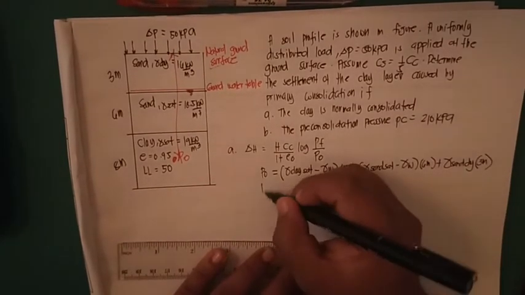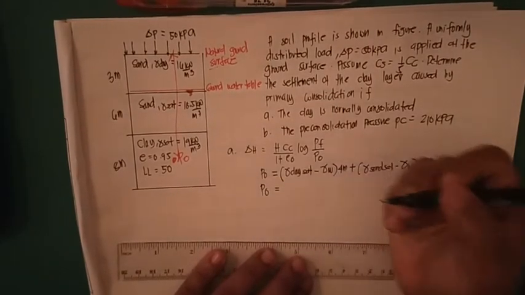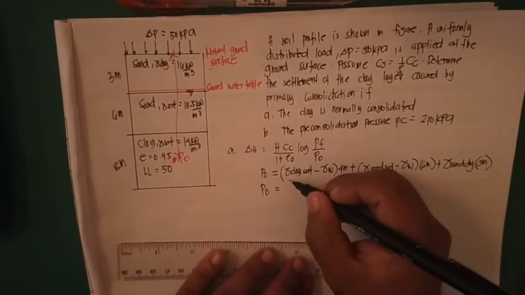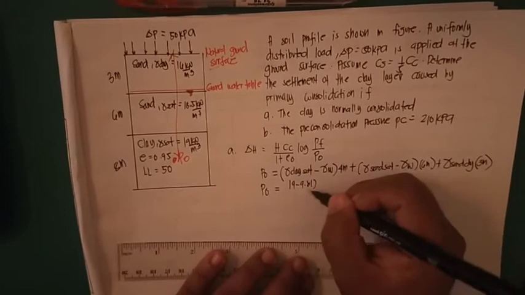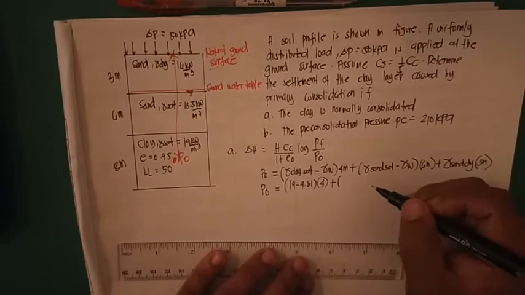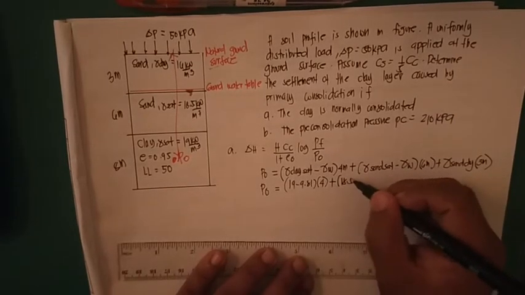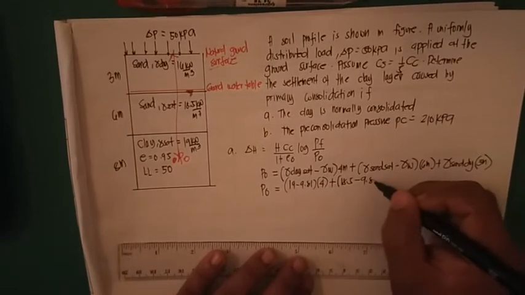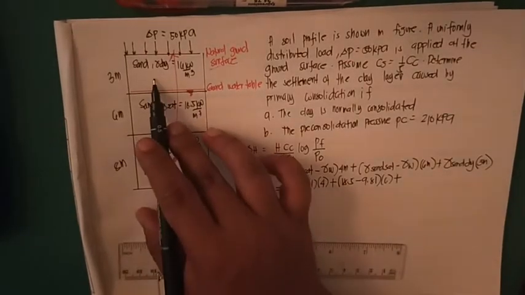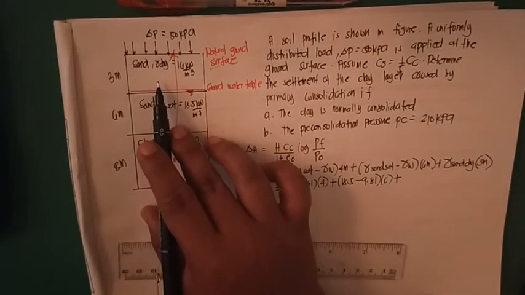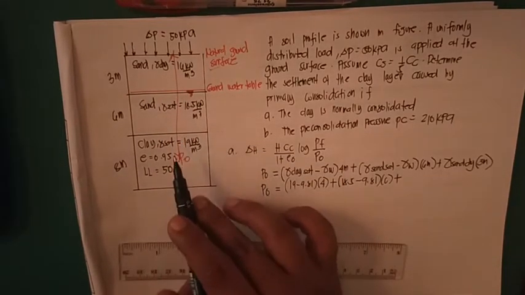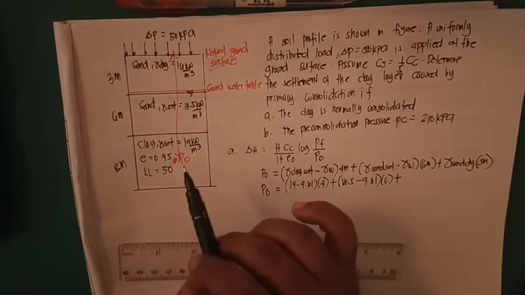Okay, so PO is equal to gamma clay sat, 19 minus 9.81, multiplied by 4, plus gamma sand sat, 18.5 minus gamma of water, 9.81, times 6, plus, no need to deduct the water, because we are deducting the effect of the water because we need to get the effective.